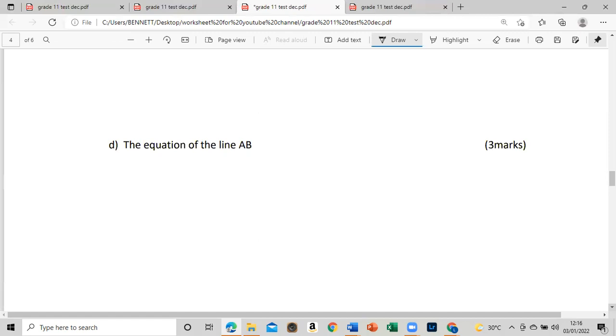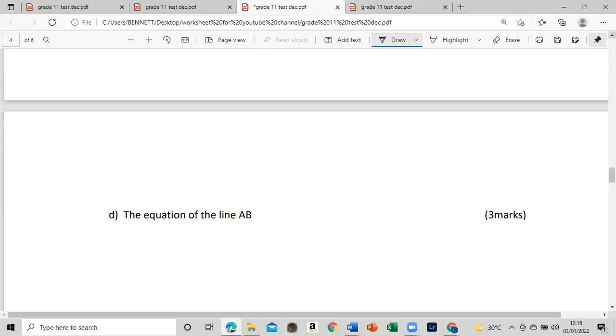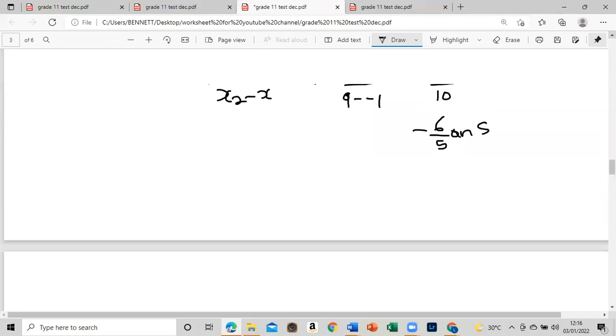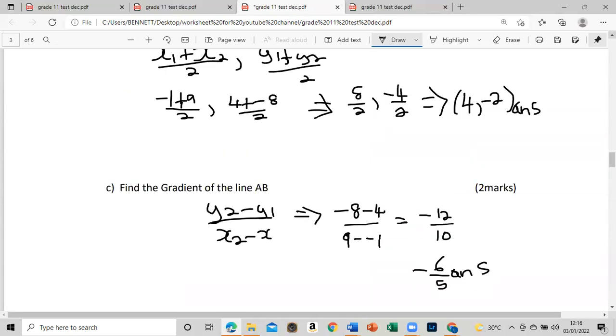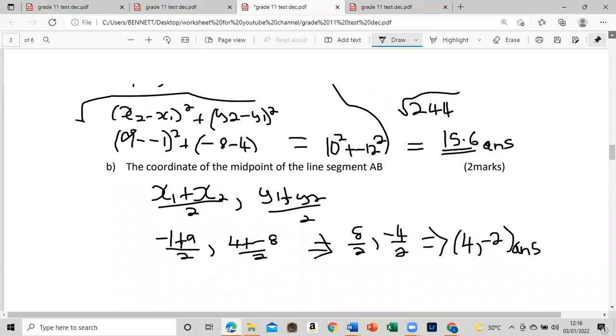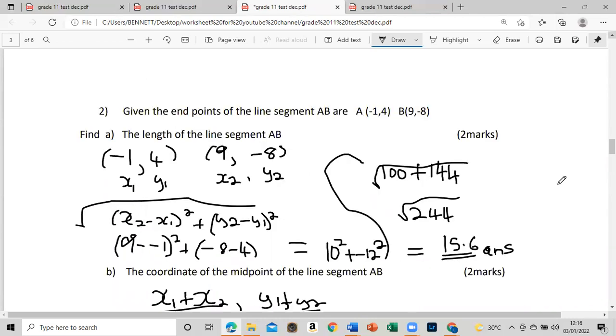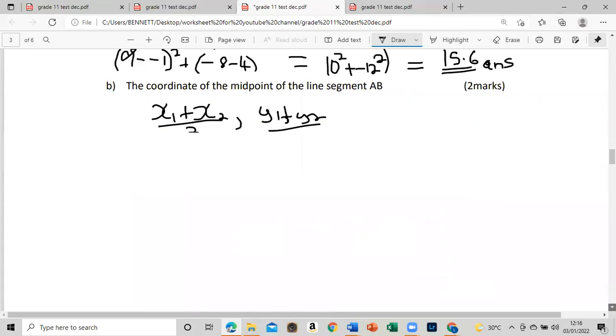So we're supposed to find the equation of the line now. I'm going to write back the points. That's very important. We already know the gradient, so we have to search for the y-intercept. Alright, guys, so it's negative 1 and 4, and 9 and negative 8.